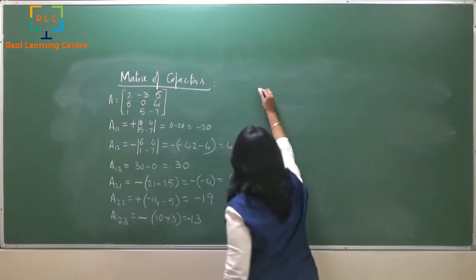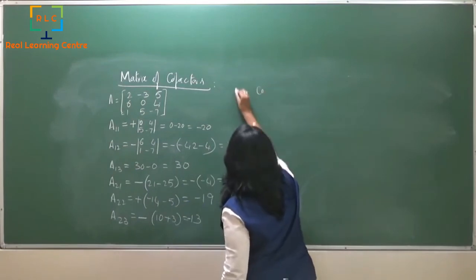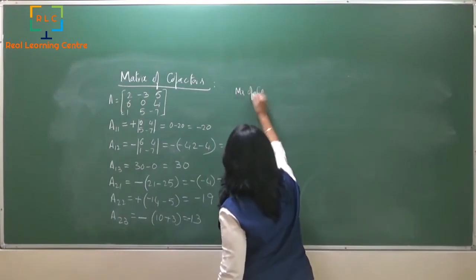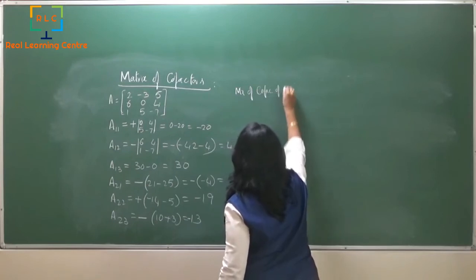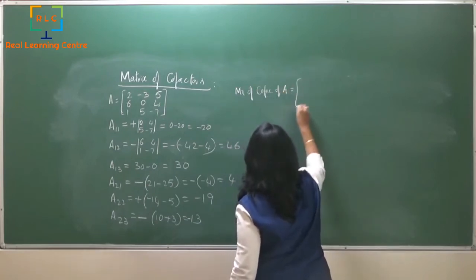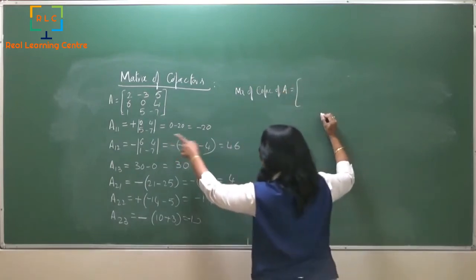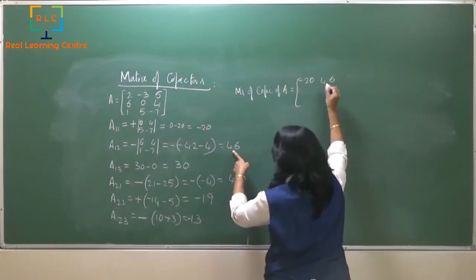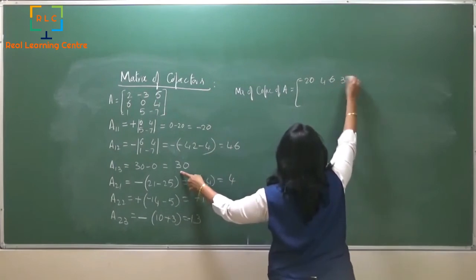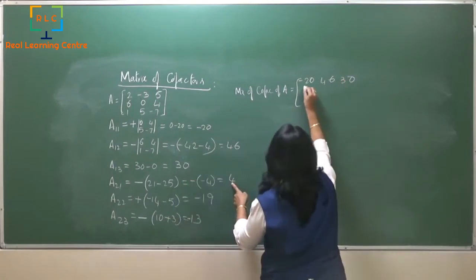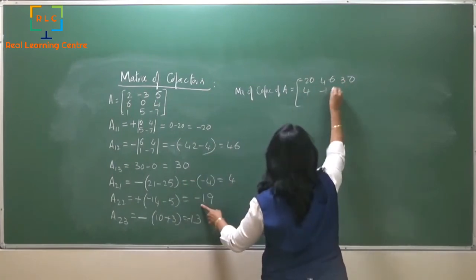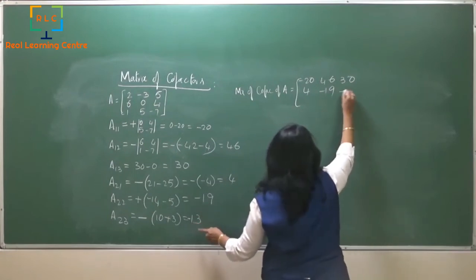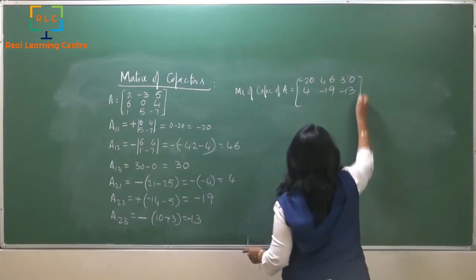So therefore the cofactor matrix, or matrix of cofactors of A, is: the first cofactor is minus 20, the second cofactor is 46, the next is 30, and the next is 4, next is minus 19, and the next is minus 13.